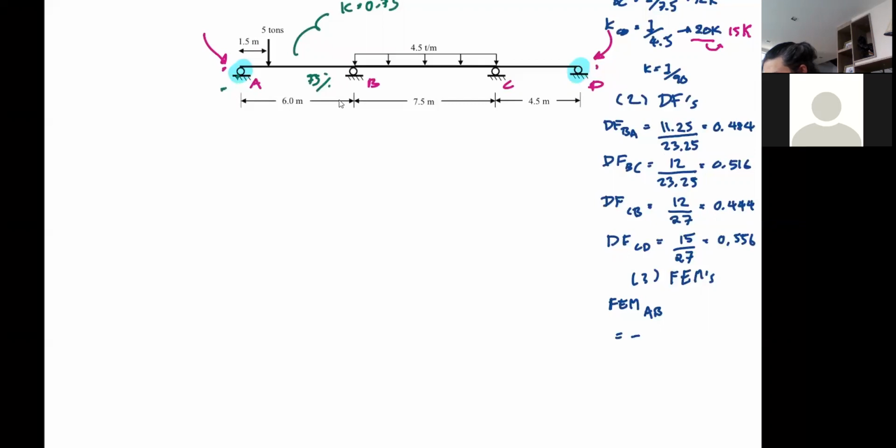FEMAB is negative. Remember, we are near A, so the moment is greater, so it has to be 4.5 squared times 1.5 divided by 6 squared. This is minus 4.22 ton meter.